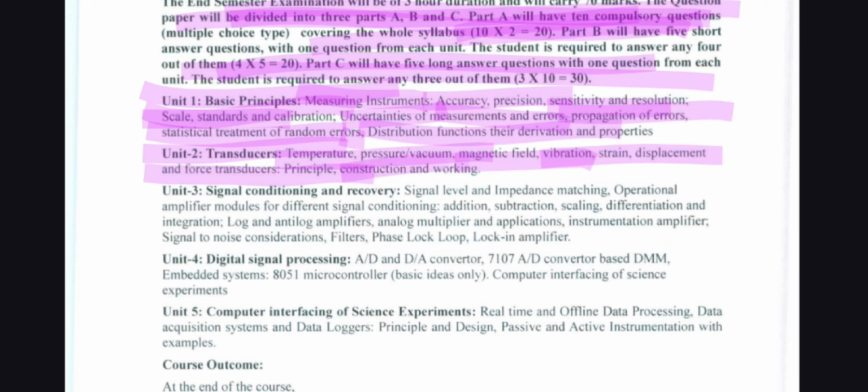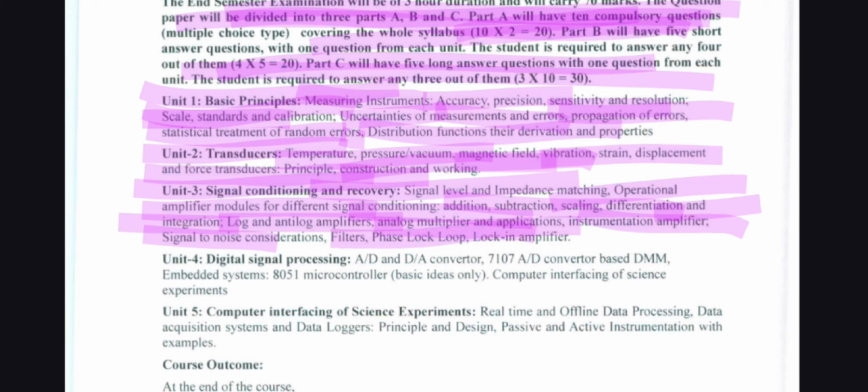Principal, construction and working. Unit 3 is signal conditioning and recovery, signal level and impedance matching, operational amplifier, modules for different signal conditioning: addition, subtraction, scaling, difference and integration, log and anti-log amplifier. Analog multiplier and application, instrumentation amplifier, signal to noise consideration, phase-locked loops, lock-in amplifiers.